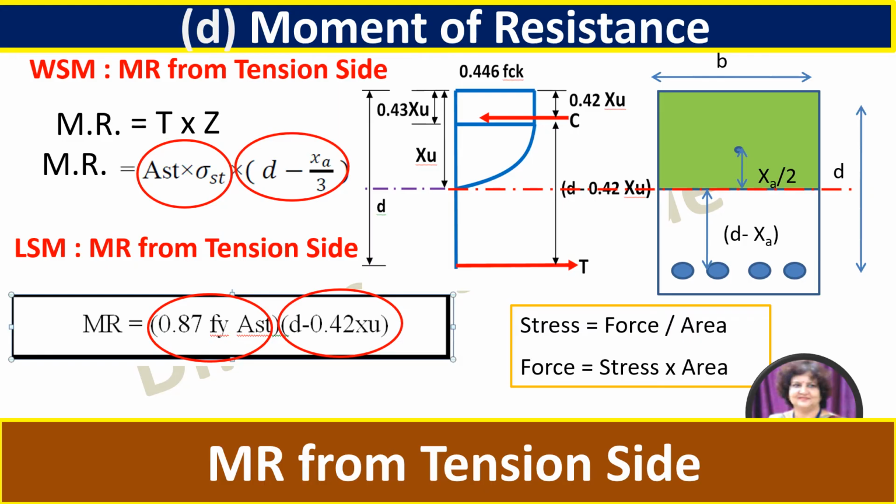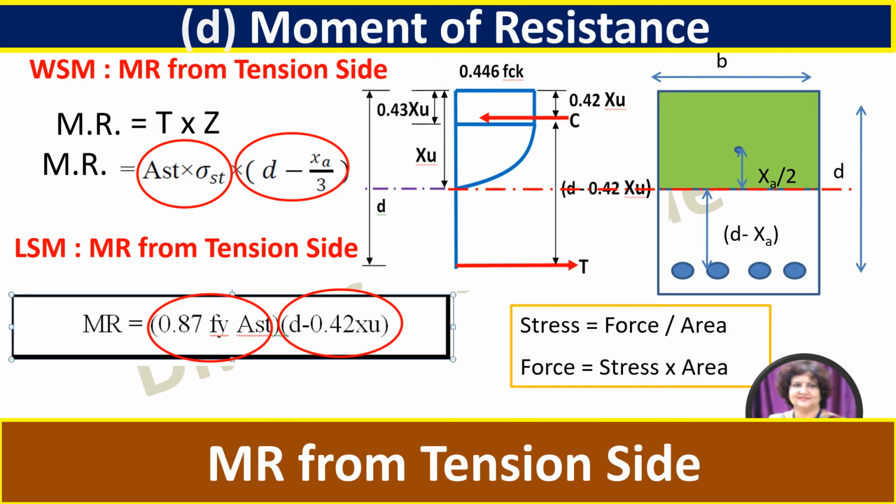Multiplied by area, we get the force in the reinforcing bar. Multiplied by Z is the moment of resistance. Normally in limit state method, moment of resistance is denoted by Mu, that is ultimate moment of resistance. So this is from tension side.